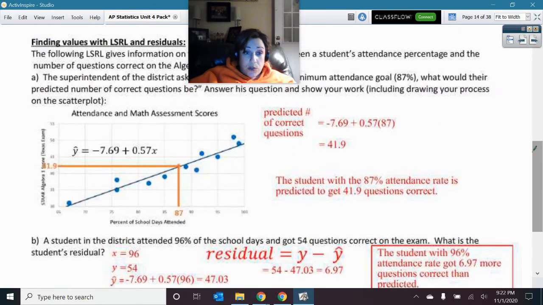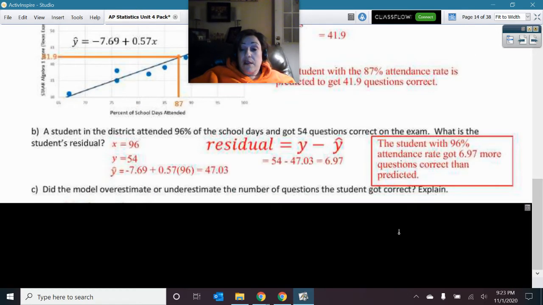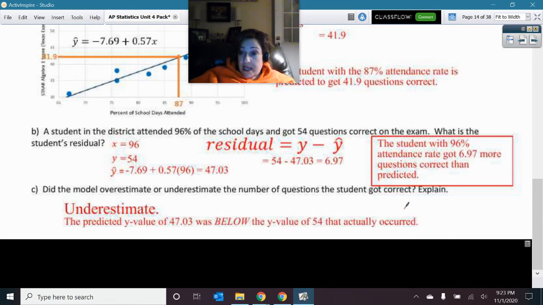So the actual, at 96%, was above what was predicted to happen. So what does that say that the model did? The model is underestimating what actually happened. So keep that straight. The model is underestimating what actually happened.